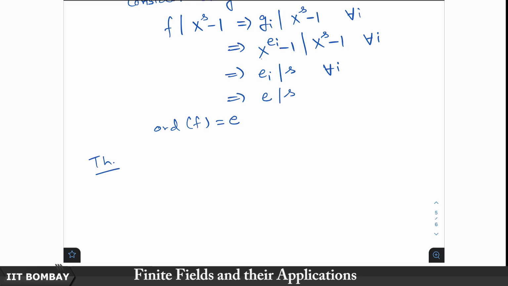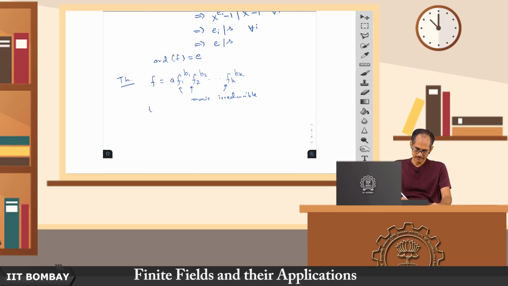So, the final theorem says that if we have a polynomial of the form f = a times an irreducible polynomial f1 powered b1, another irreducible polynomial f2 powered b2, and so on up to fk powered bk, where these are each monic irreducible polynomials, and let t be the smallest integer such that p^t is greater than or equal to all the powers b1, b2, up to bk, each of them.